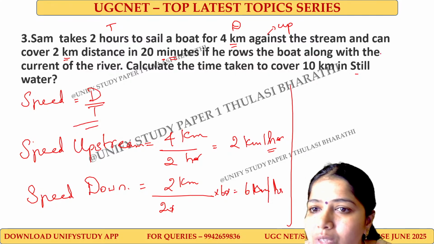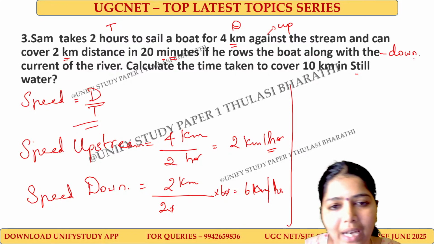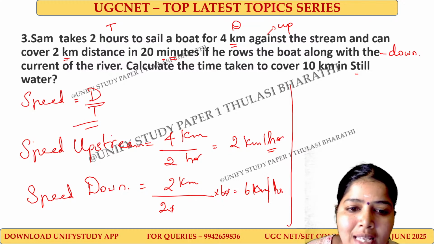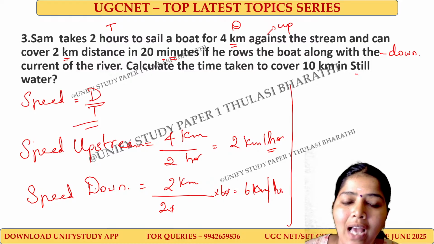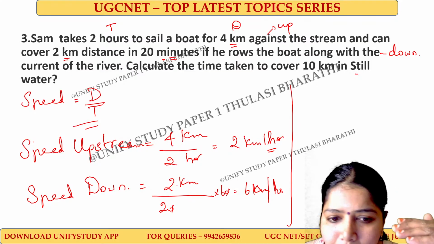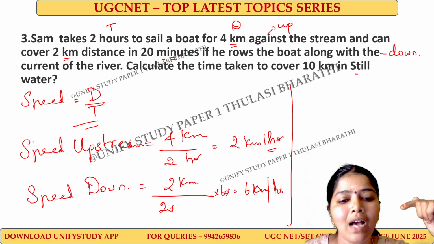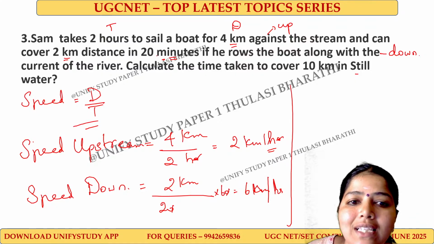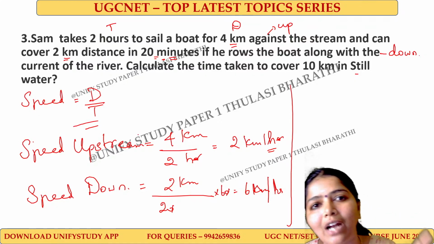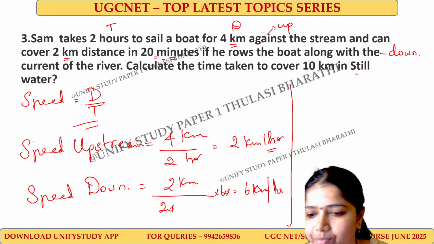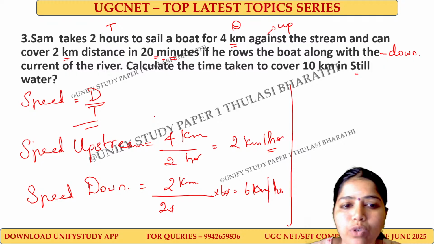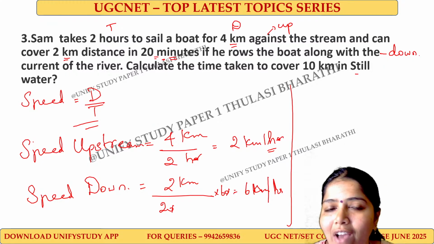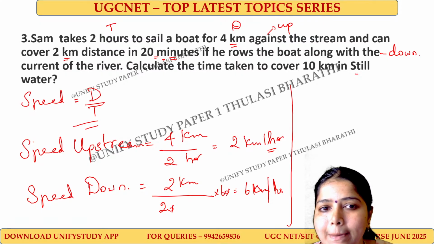Along with the current is called downstream, right? Upstream speed is distance divided by time, we have done it. Again for downstream, 2 km and the time taken is 20 minutes. I have to convert into hours. Am I clear? That is why I have multiplied by 60. Yes or no?